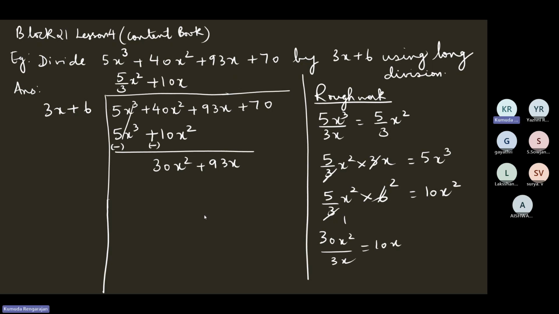Next, after this, 10x into 3x is 30x squared.